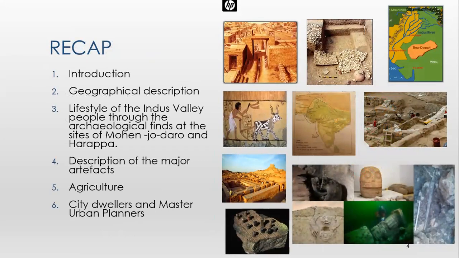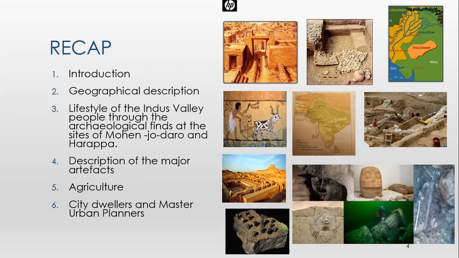In the previous week, we read about the introduction of the Indus Valley civilization. We read about the geographical description, and then the lifestyles of the Indus Valley people through the archaeological finds at the sites of Mohenjo-daro and Harappa. Then we read about the major artifacts, especially the Great Bath, a game like chess, and agriculture.